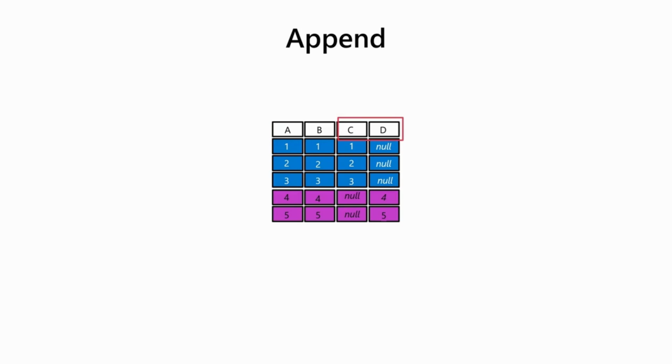Since the D column does not have any data in the first data set, the row values will be null after the merge. Similarly, in the second data set, null values will be added for the previously non-existent C column. This may be confusing, so try to have an equal number of columns with the same column titles.